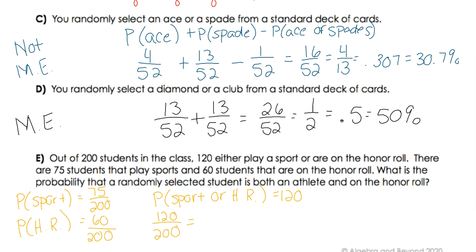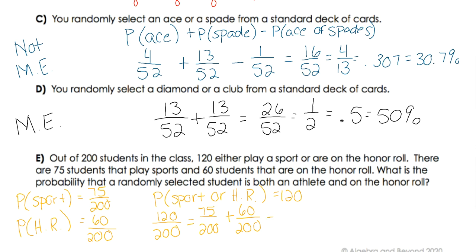So we can take what we've done before, where we combine the individual things of happening, which is 75 that play a sport, plus the 60 that are on the honor roll. If we add those together, we're at 135. But the probability of either or happening is only 120.